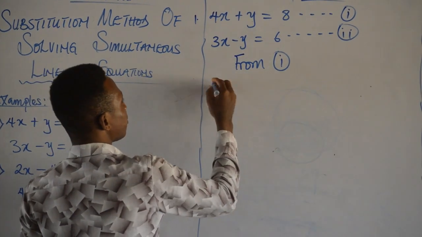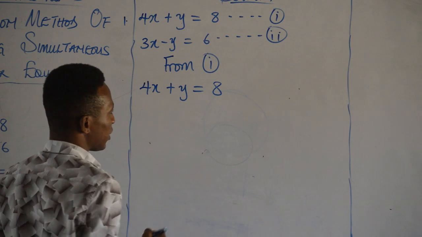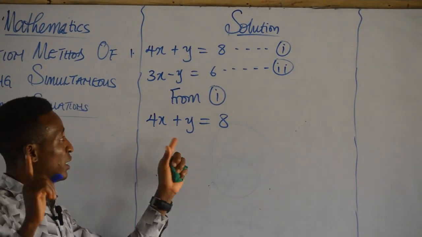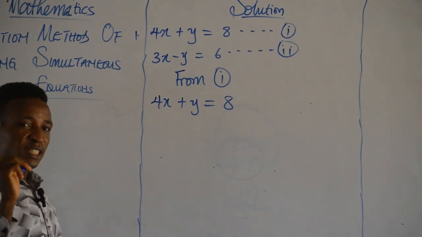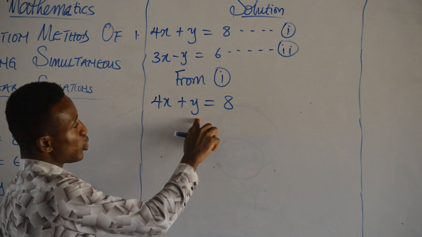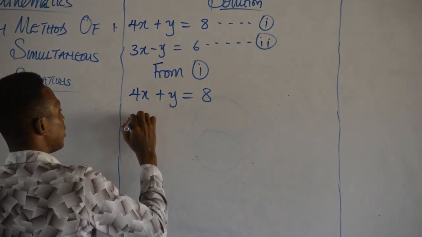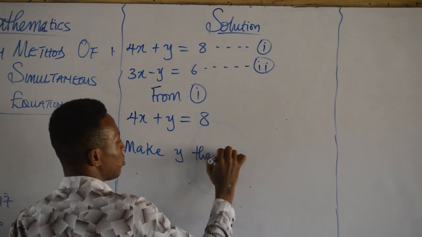So from 1 now, we have 4x plus y equals 8. Now I've shifted the attention to only equation 1. From what we did initially, we took equation 1 because of this y. So that means you now make y the subject of formula.